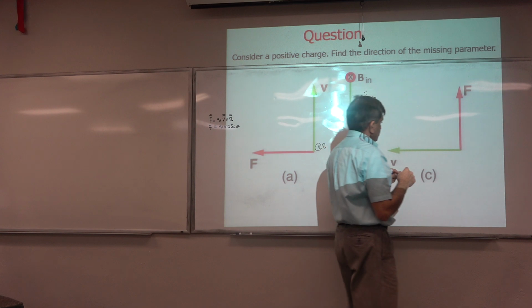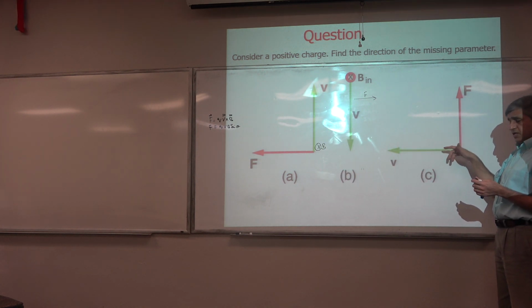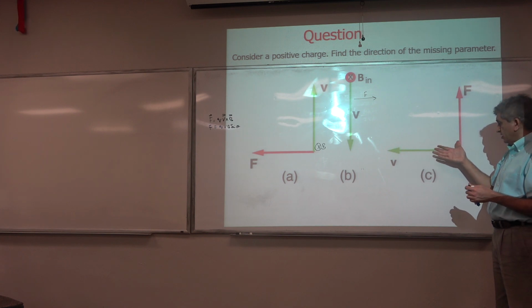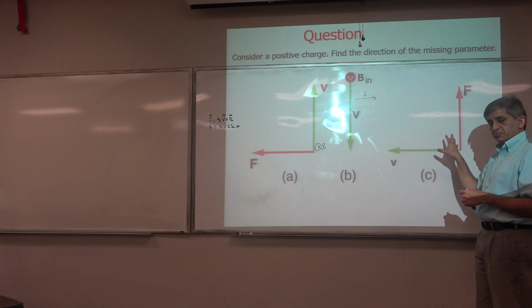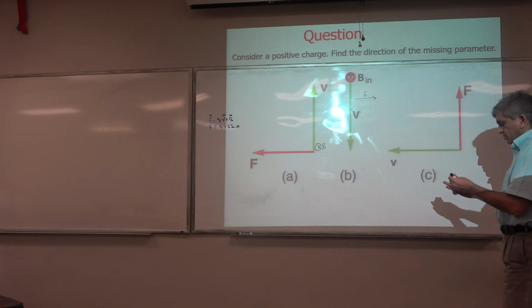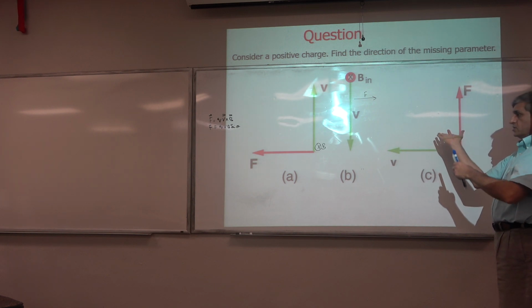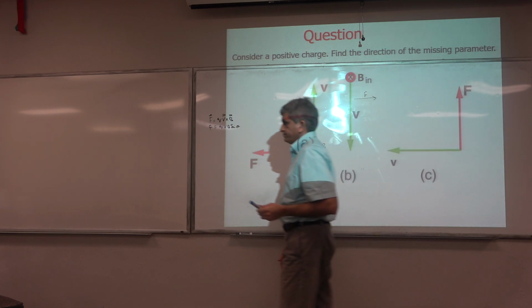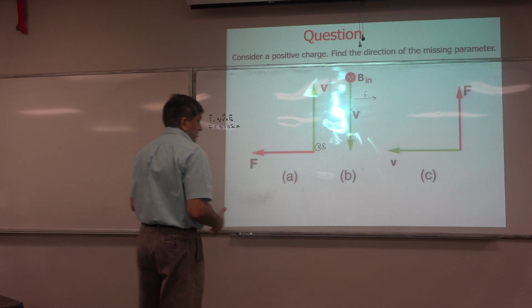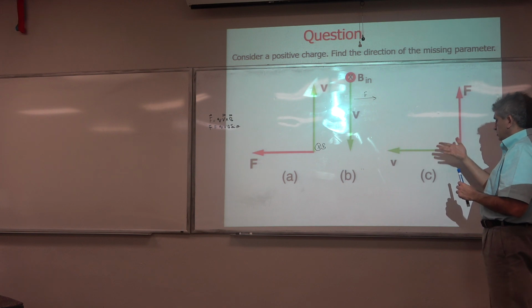Now if you look at this part, the velocity vector is given, and for a positively charged particle we use the right hand, so my thumb points in the direction of the velocity and the force points upward. Then the magnetic field is, sorry, the magnetic field is going to be like this.